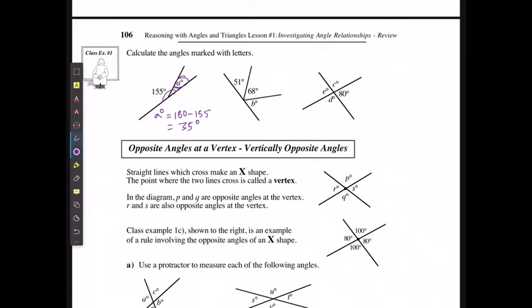If I'm trying to solve for B, all three of these have to add up to 180, which means that B degrees is going to equal 180, and then I take away the 51 degrees, and I take away the 68 degrees, which means that it's going to be equal to 61 degrees.